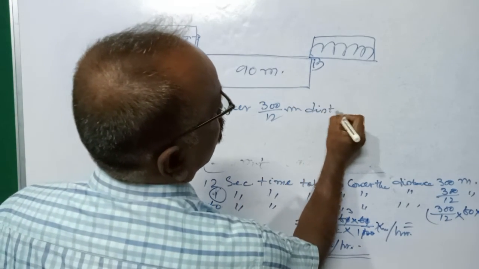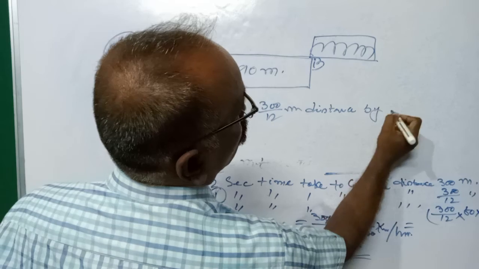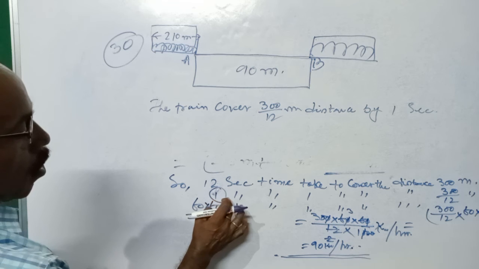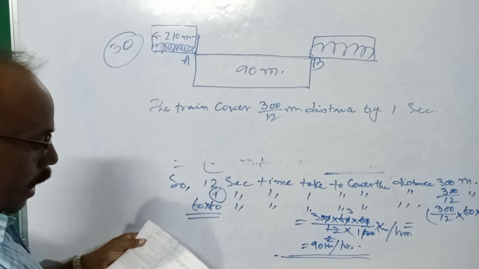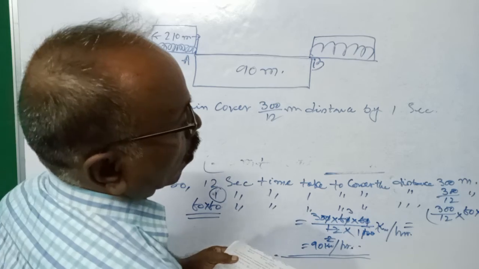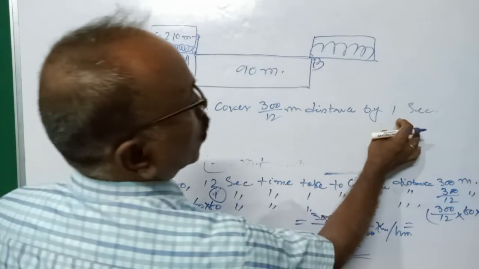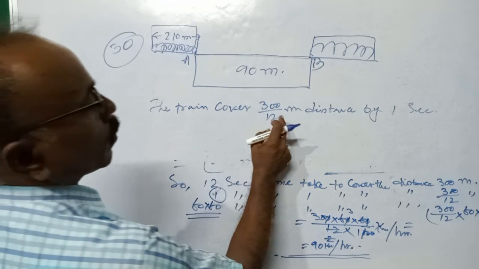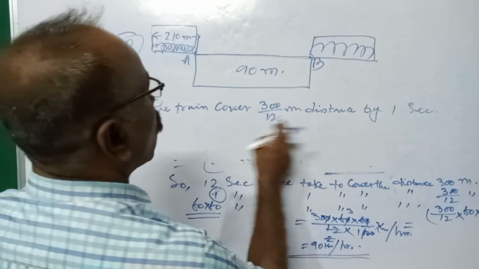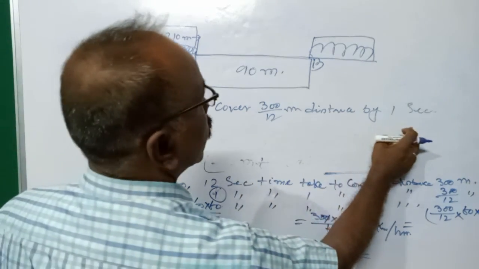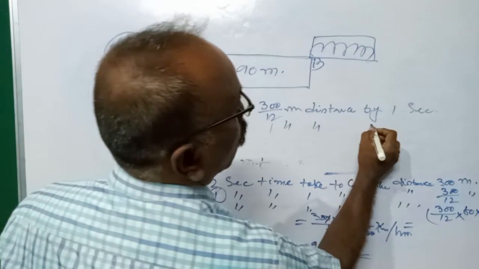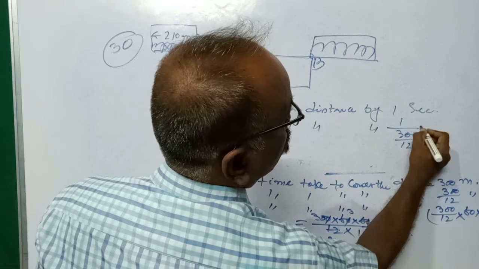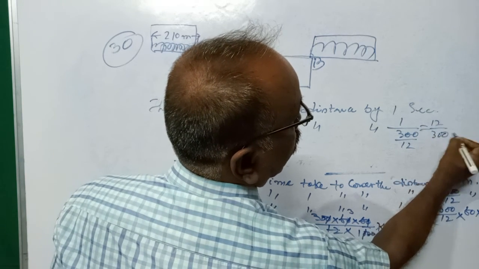As we want to calculate the time taken for 790 meter, time is on the right side and distance on the left side. The train covers 300 by 12 meter in 1 second. So 1 meter is covered in 1 by 300 by 12, which is equal to 12 by 300 second.